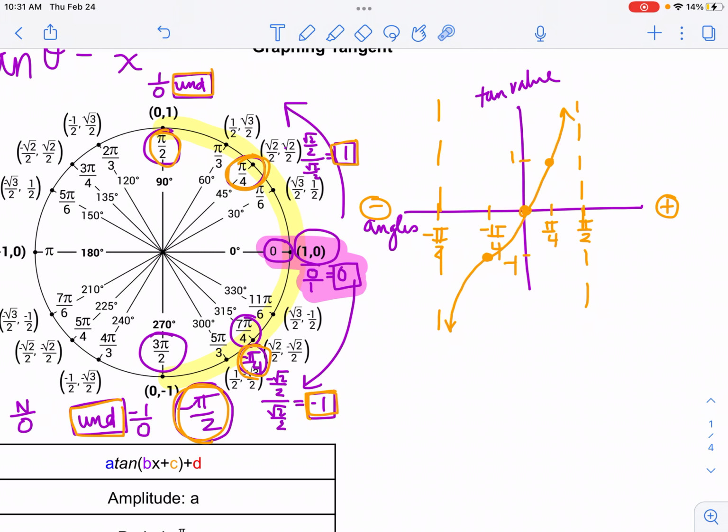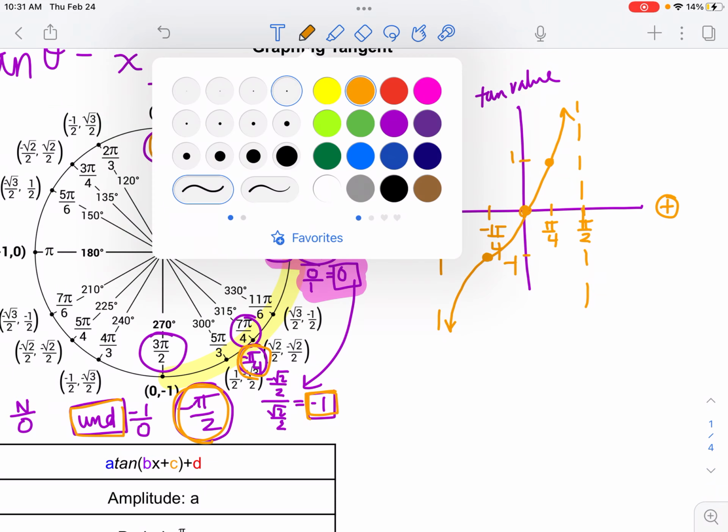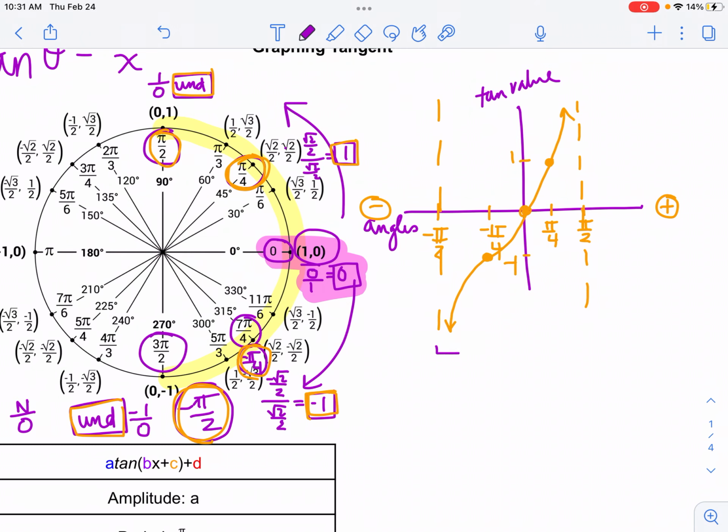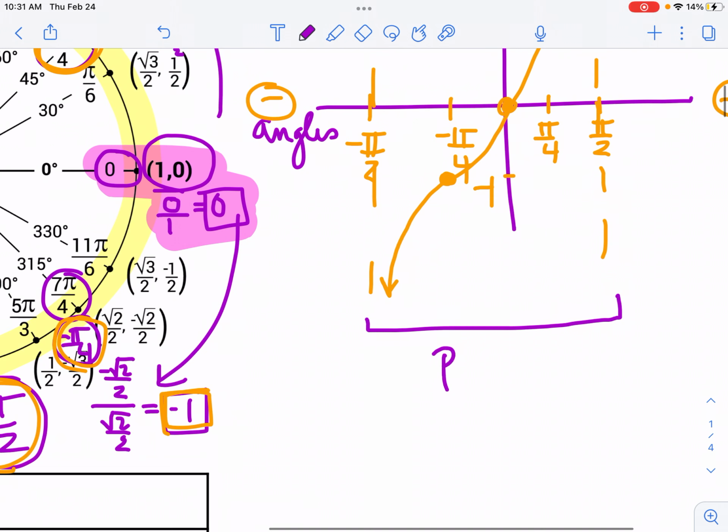You'll notice some of the key features. We've got two asymptotes, and if you were to measure the distance between these two asymptotes, that distance is the period of our graph.